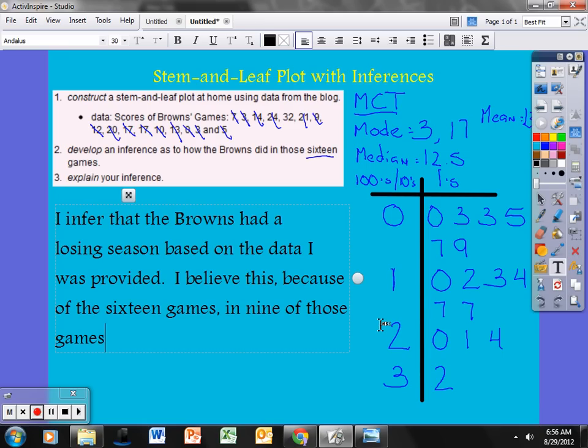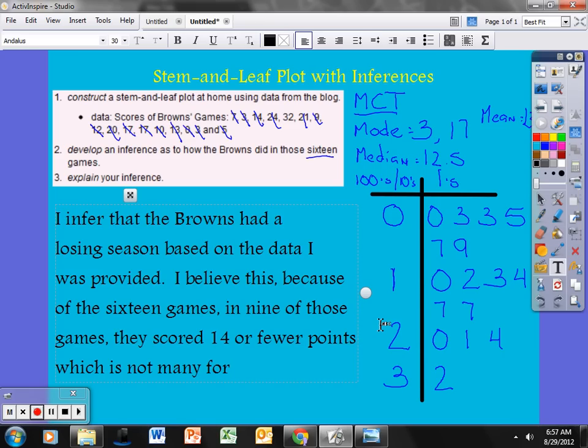Yes. In 9 of those games, they scored 14 or fewer points, which is not many for an NFL team. Period.